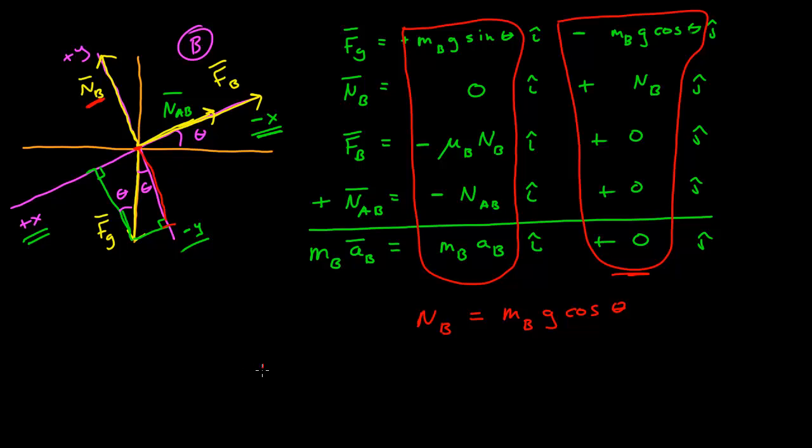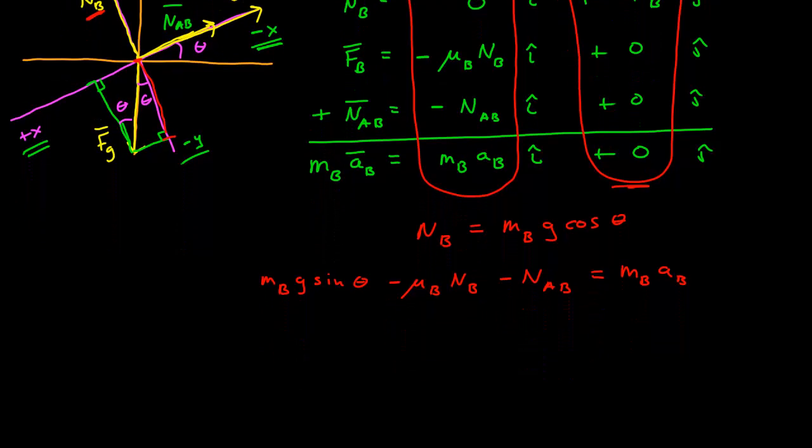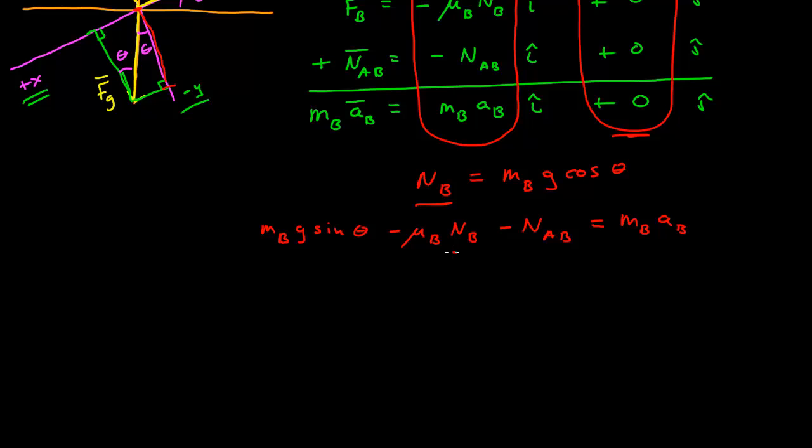And that gives us m_B g sine theta, essentially the x component of the gravitational force, minus the coefficient of friction of B times the normal force of the ground on B, minus the normal force of A on B, is equal to the mass of B times the acceleration of B. Again, I've got a bunch of unknowns here, but the first thing I can do is substitute in the normal force for B, like I did last time, and that gives me the mass of B times g sine theta minus the coefficient of friction of B times the mass of B g cos theta minus the normal force of A on B is equal to the mass of B times the acceleration of B.